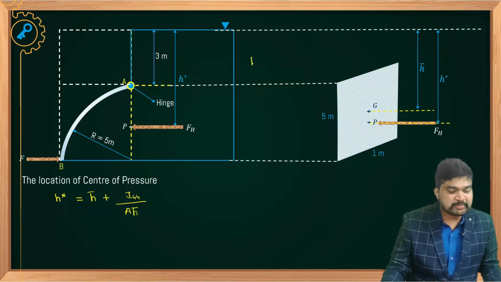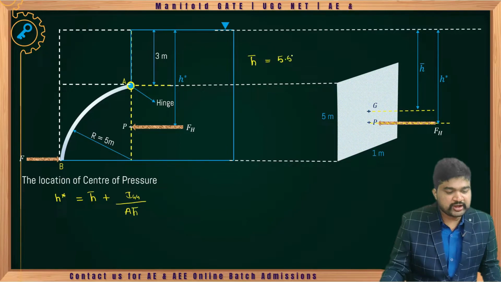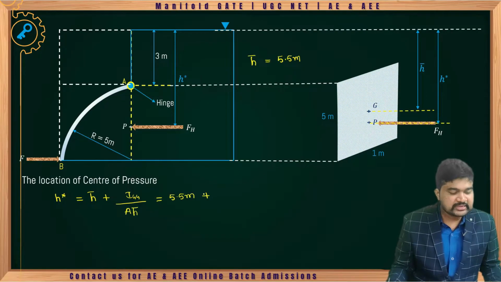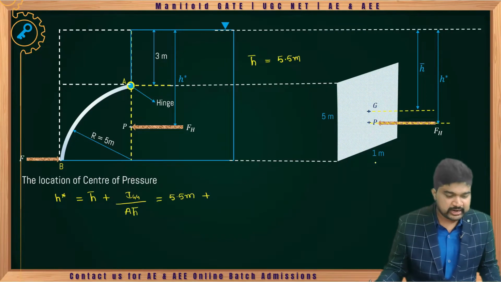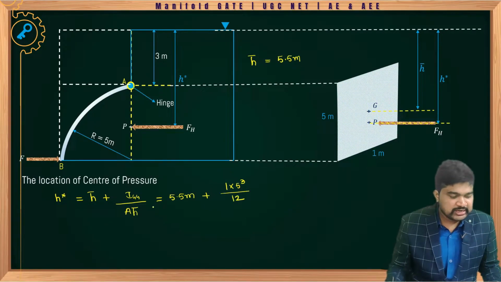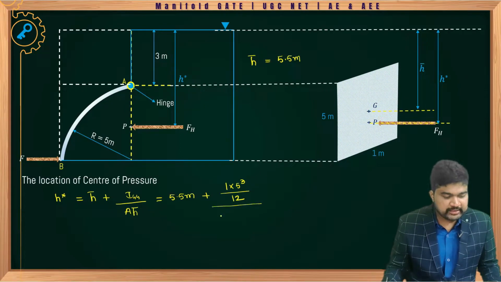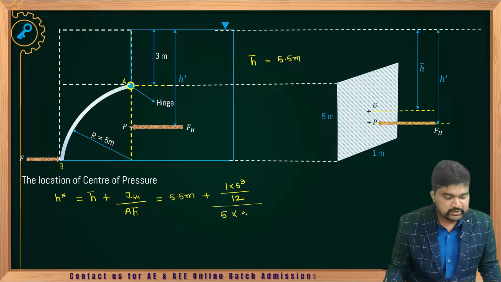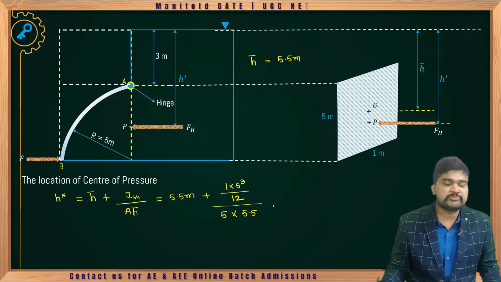What is h bar here? h bar here is 5.5 meter. So now tell me, it is 5.5 meter plus I_GG, which is nothing but 1 into 5 cube by 12, divided by A h bar, that is 5 meter square into 5.5 meter.